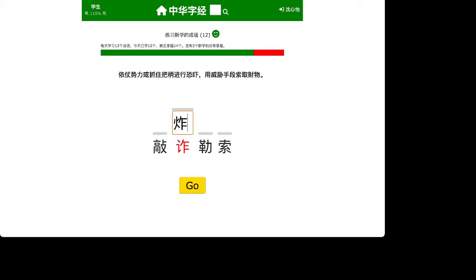This one. 坚定不移. 填1个空格，深入人心. 填2个空格，深入人心. 填1个空格，敲诈勒索. That's not that one. That one's for exploding.